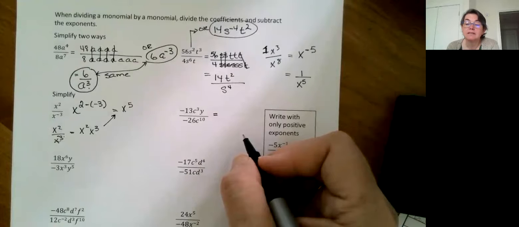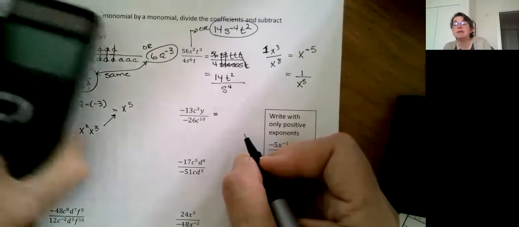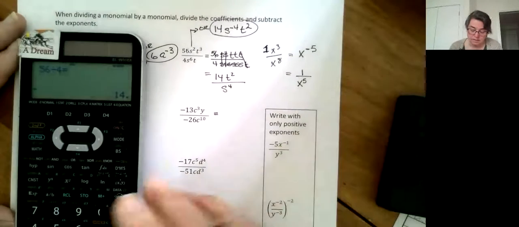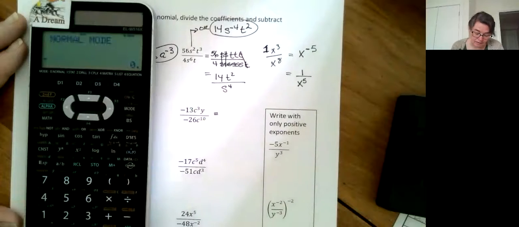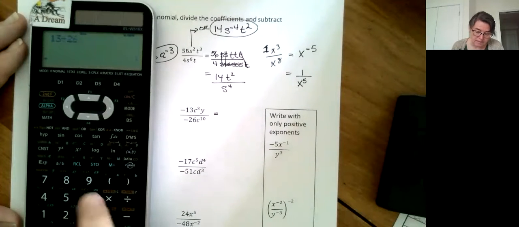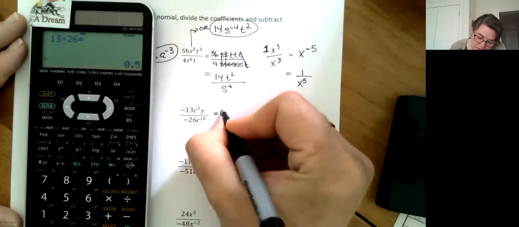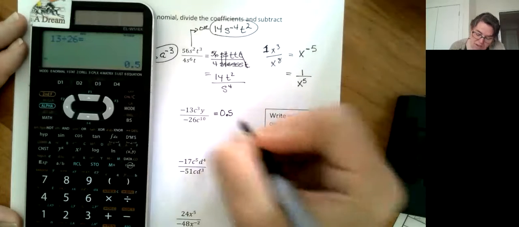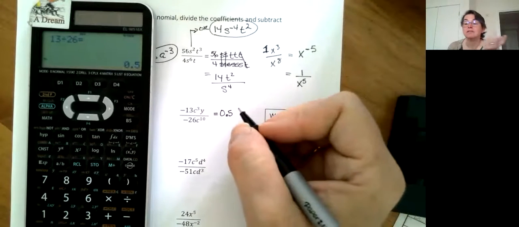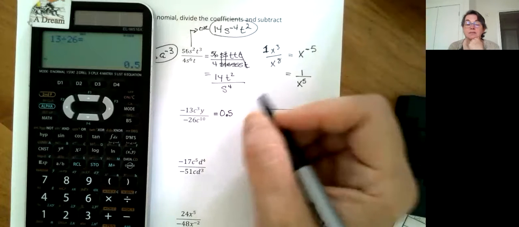All right, 13 and 26. What's the number that goes out front? I think a lot of you might have said 2, and that would be incorrect, because 13 divided by 26 is going to give me 0.5 or a half. That is such a common mistake of just not paying attention or punching it into the calculator wrong.